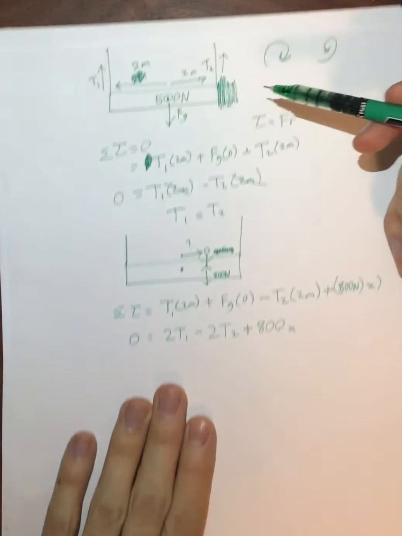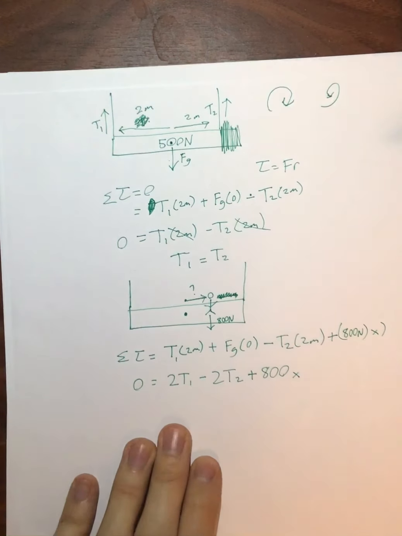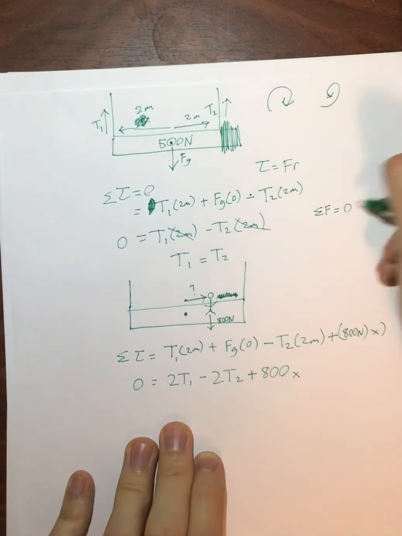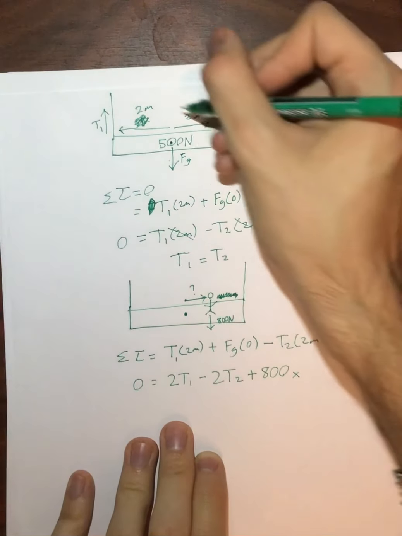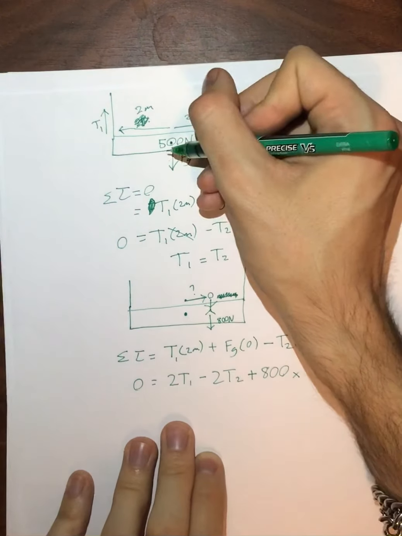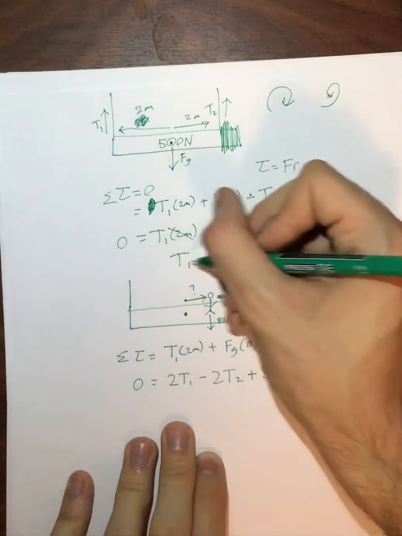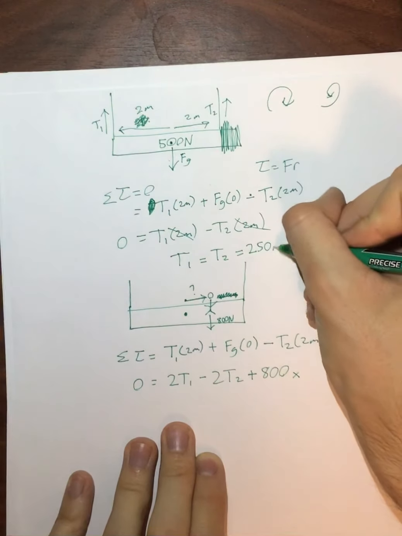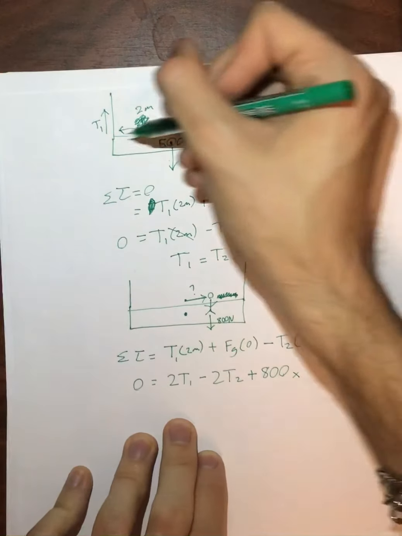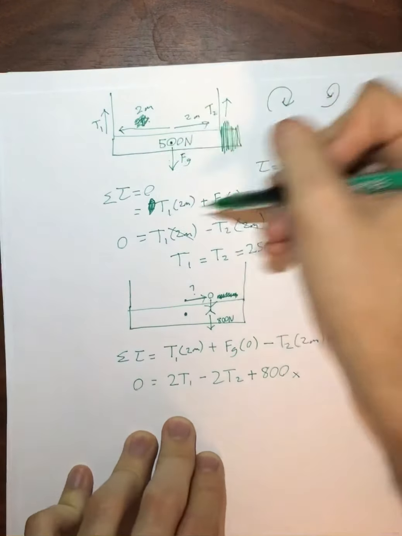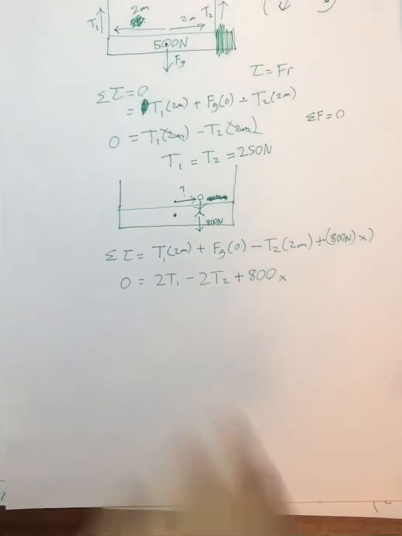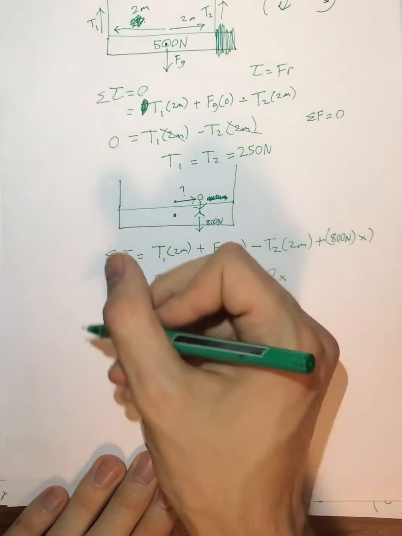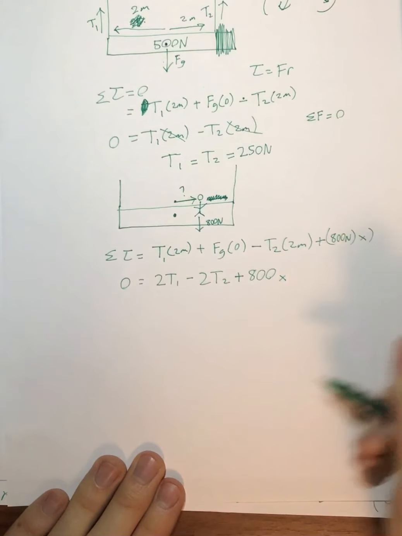Okay, so now in this situation, if we just looked at it, the net force had to equal 0. Which means the two tensions together had to support this 500 weight. We got that the T's should be equal. Both of them should have been equal to 250 newtons. So that way, 250, 250, 500, it all balances out. Now, in this case, that same thing has to be true, but with the 800 added on.